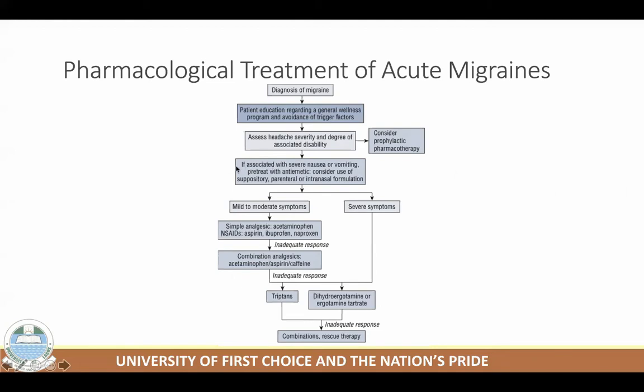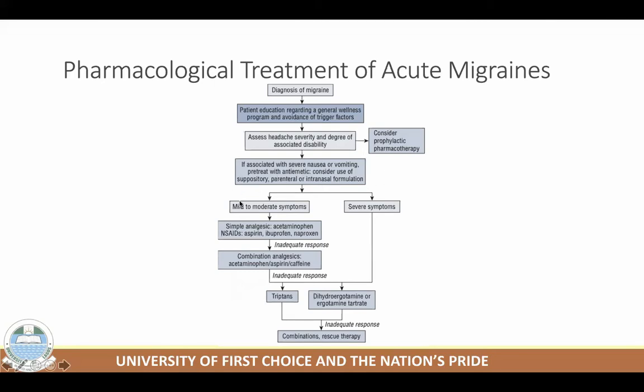Now, if your migraine is associated with severe nausea or vomiting, there's a first point where you pre-treat the patient with antiemetics. Consider use of suppository, parenteral, or intranasal formulations.